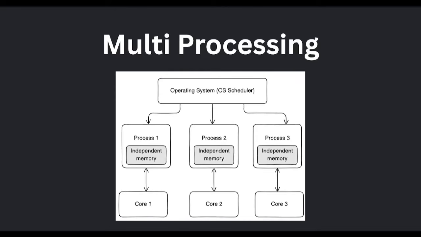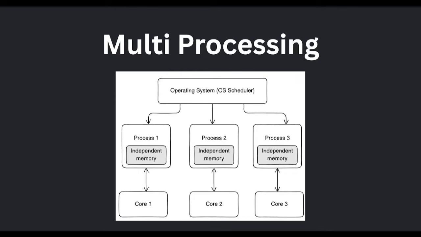It is called preemptive multitasking. Let's say we have 3 CPU cores available and we have to run 3 processes in parallel. OS scheduler will assign one process to one core each. This is true parallelism, and the tasks are performed in parallel by leveraging the power of each CPU core.